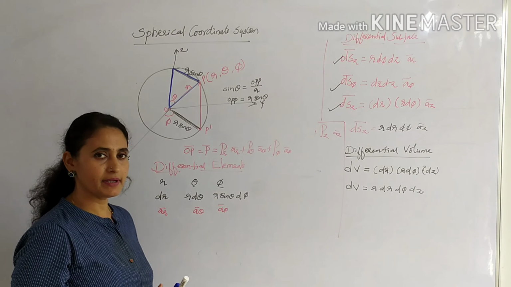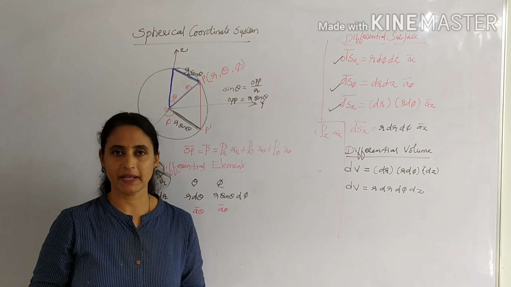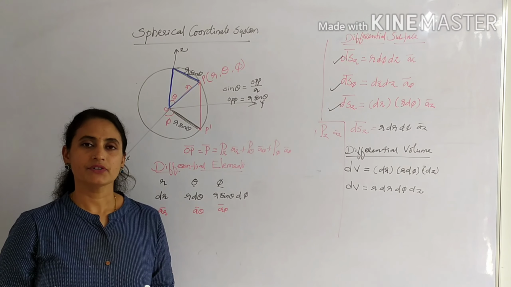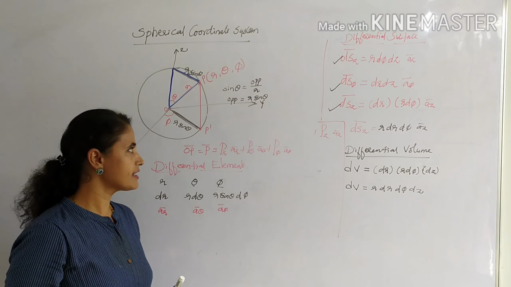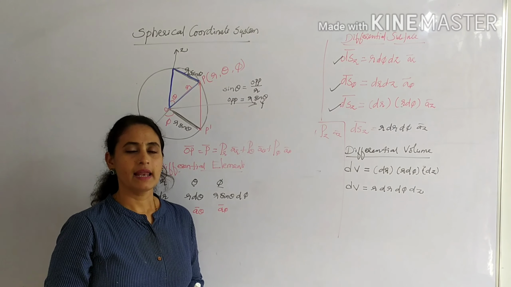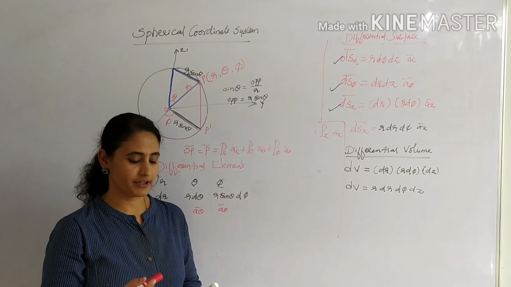Similar to the earlier cases, with the differential elements we obtain differential length, differential surface and differential volume. Here also in the spherical coordinate system, let us obtain them.